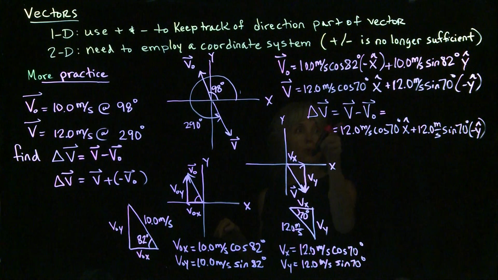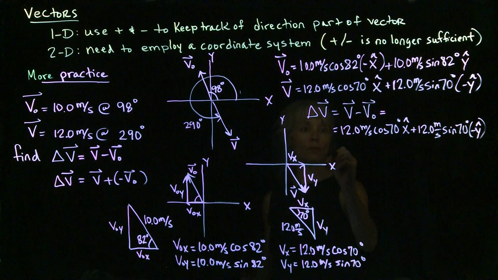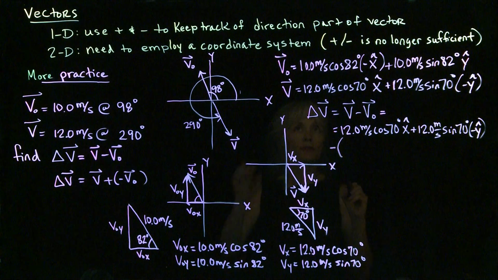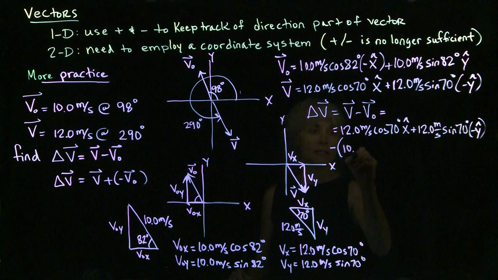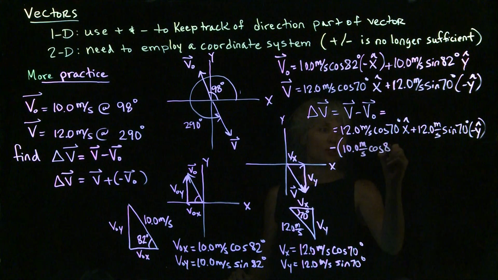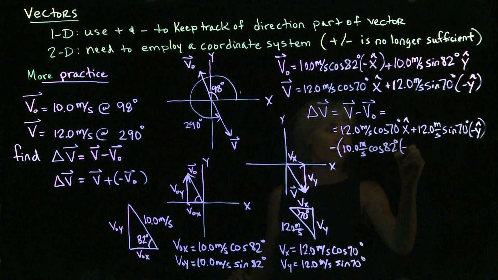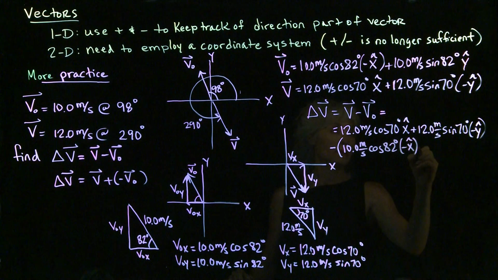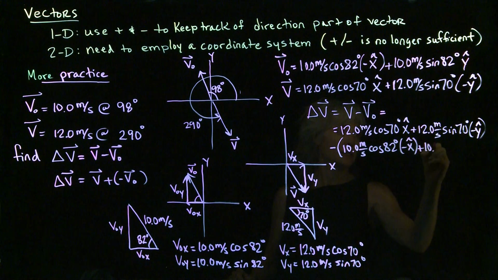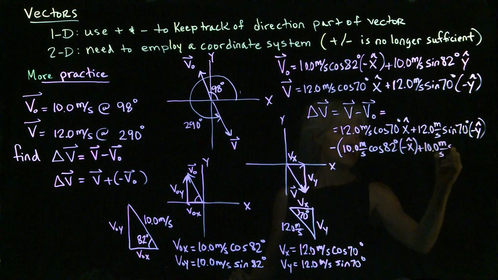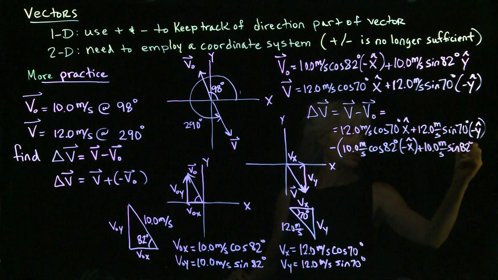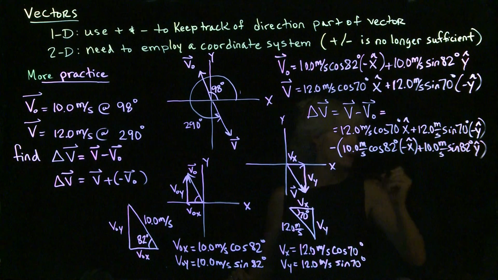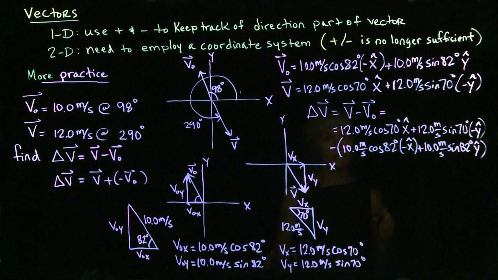And now subtracting V naught, so minus, and now I need to open up parentheses because I'm going to have to distribute that negative sign through the parentheses. So 10 meters per second cosine 82 degrees minus x hat plus 10 meters per second sine of 82 degrees y hat, end parentheses. All right, so there it is.